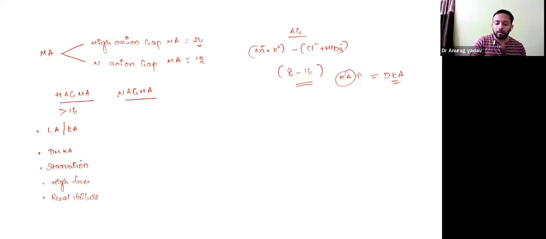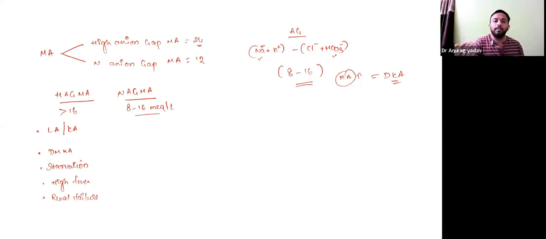The other type is normal anion gap, NAGMA. Normal anion gap is 8 to 16 milliequivalents per liter. Normally what happens is there is loss of both. Imagine some amount of sodium is lost and bicarbonate is also lost in about equal concentration.